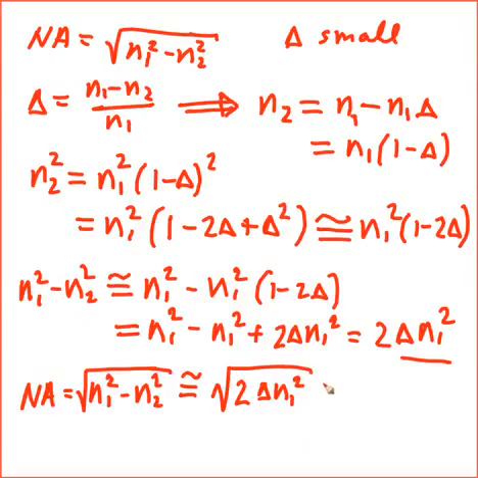Well, let's take the n1 out, and I get n1 square root of 2 delta. And that's what we're after. So we're done. And again, the whole trick is to get it so that we are squaring the delta and ignoring that term.